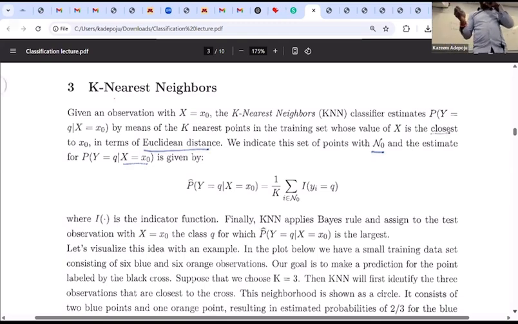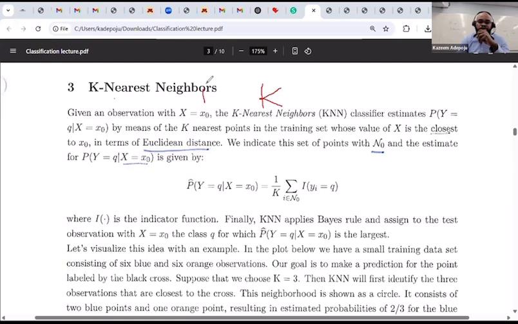So the way KNN works is that you choose the number of neighbors ahead, and after choosing it, you're going to find a distance. Step number one: K has to be chosen.